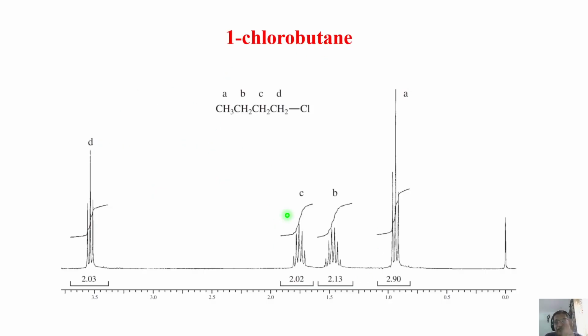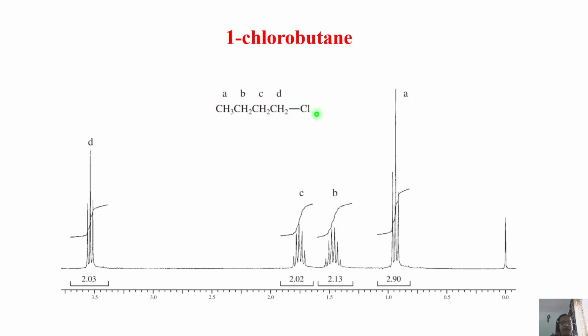Now, this is a spectrum taken from the book of Pavia, 4th edition. Let us see how we interpret this spectrum. Okay, this molecule is 1-chlorobutane. That is, chlorine is attached at the one position.